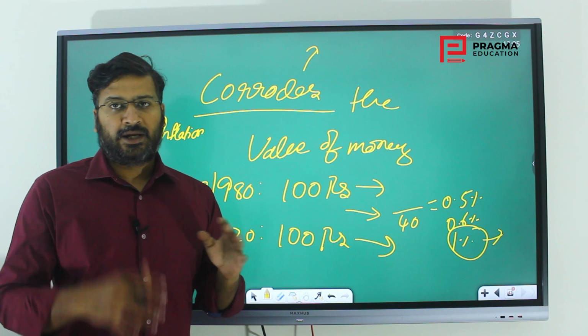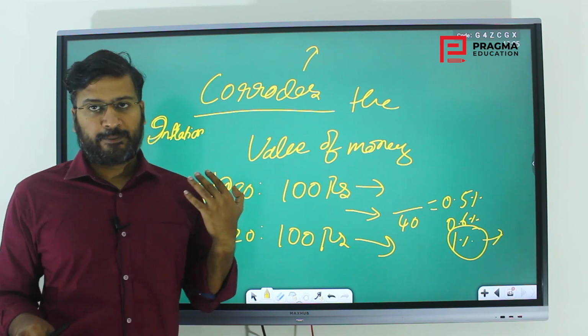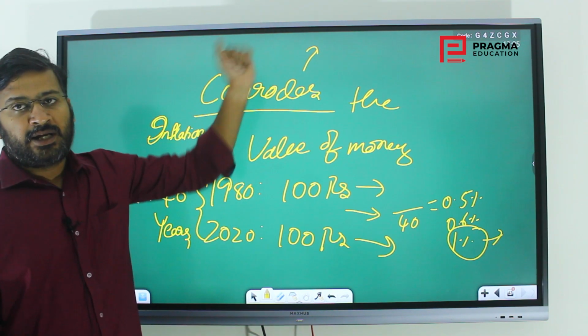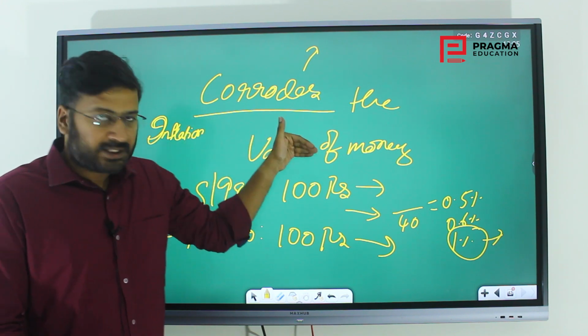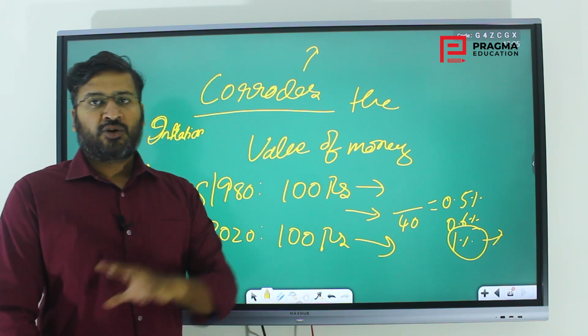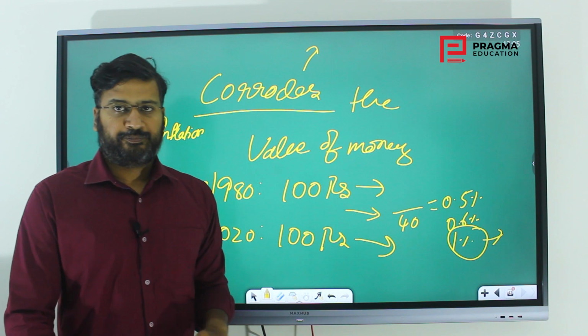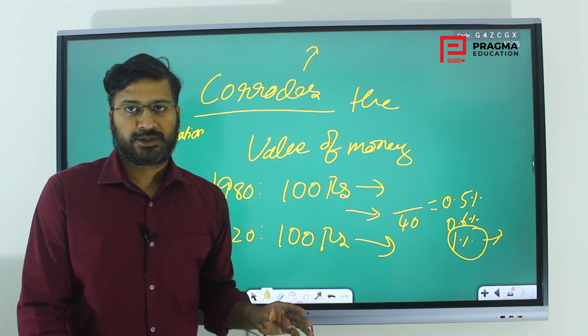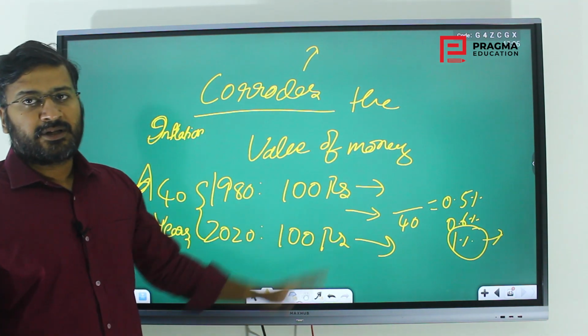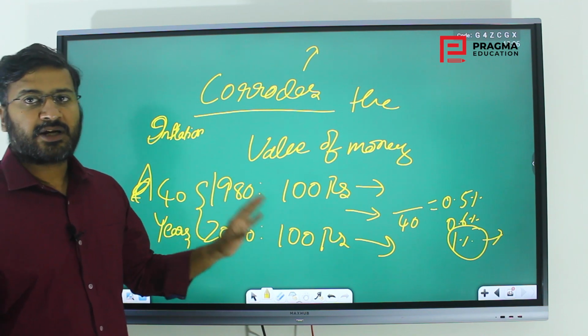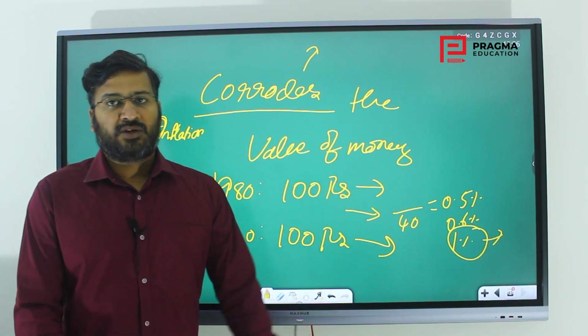There will be no delay and there is no limit to it. How much inflation can increase and how much the value can fall, there is no limit to both of them. They are both unlimited concepts. So this is the first consequence of inflation, that it corrodes the value of money.